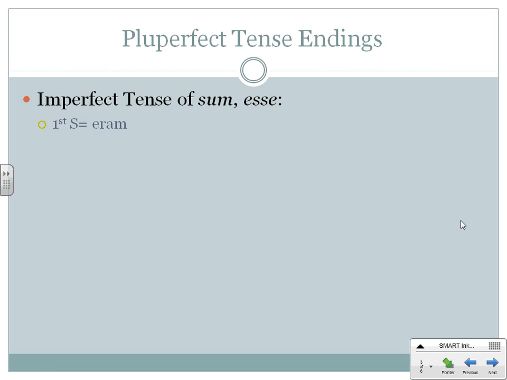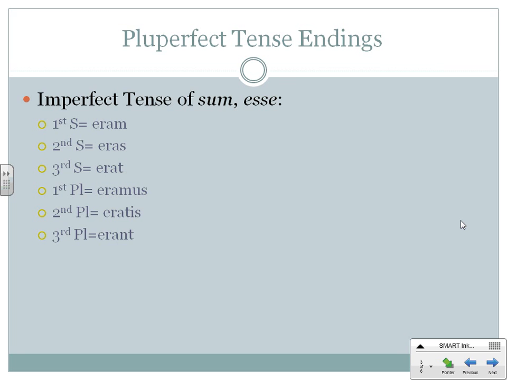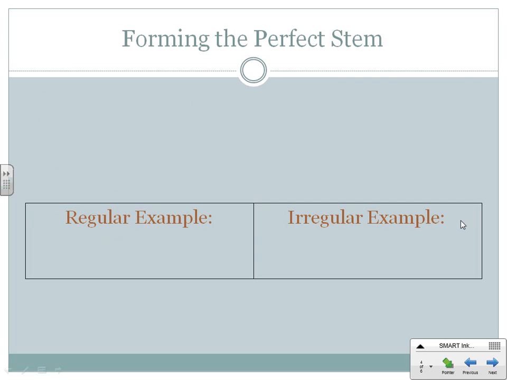Now, your imperfect tense endings of sum, esse are eram, eras, erat, eramus, eratis, and erant. As I said before, you need to be sure that the letters preceding the eram, eras, erat are not POT, because POT followed by the endings makes it an imperfect verb.